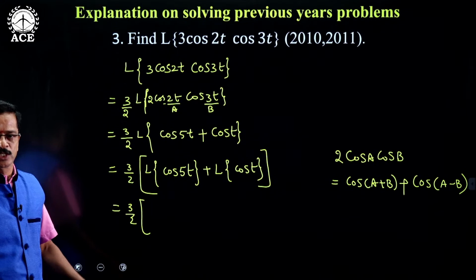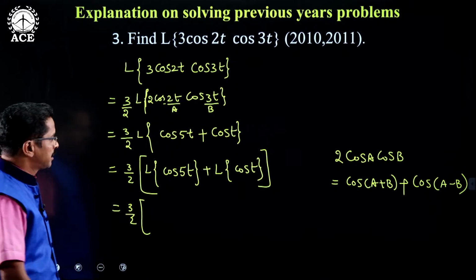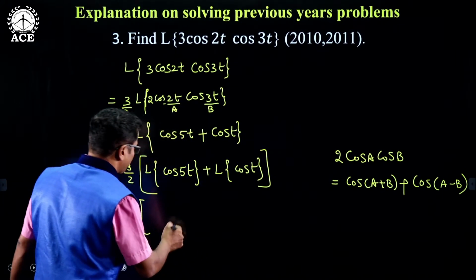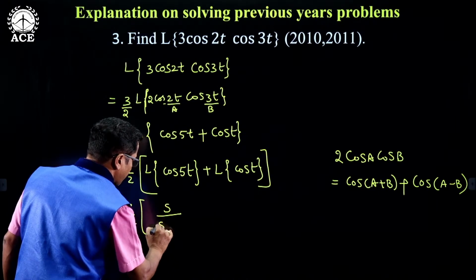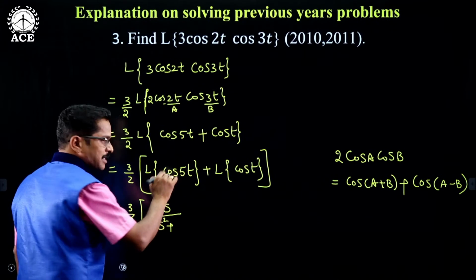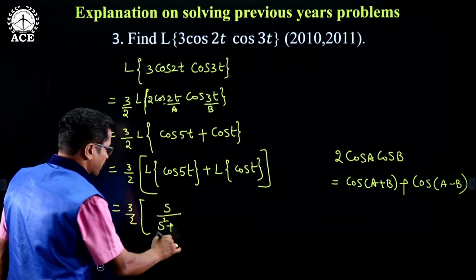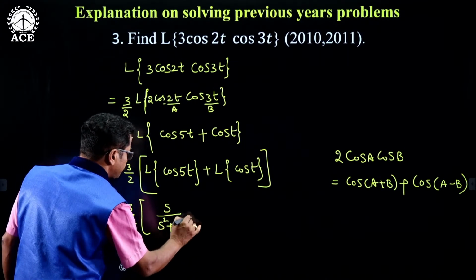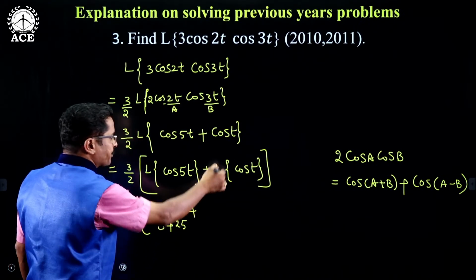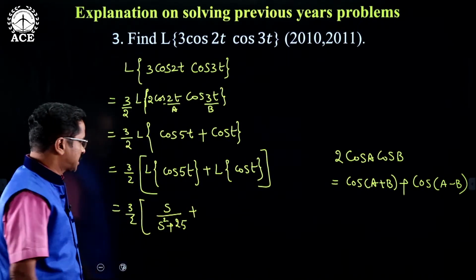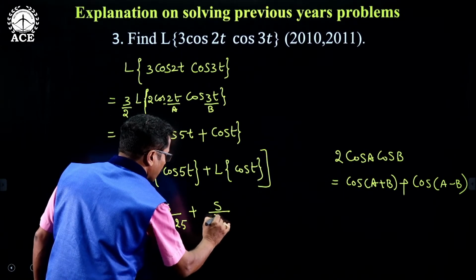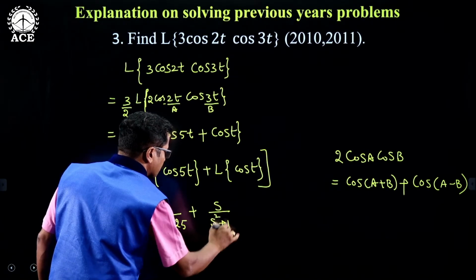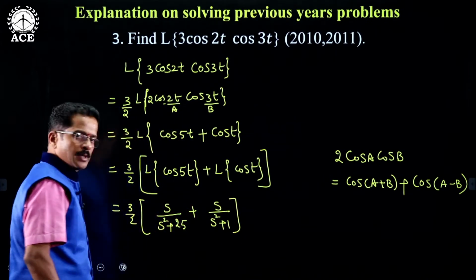L of cos at is s by s square plus a square, that I said, no? In the place of a we have 5 square, that is 25, plus L of cos t, s by s square plus, in the place of a we have 1 square is 1, and simplify.